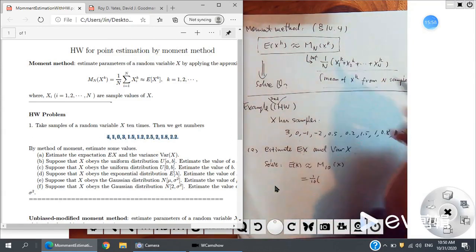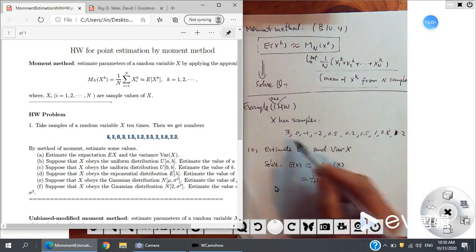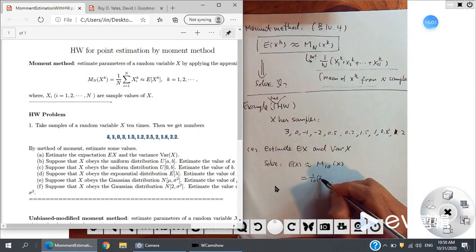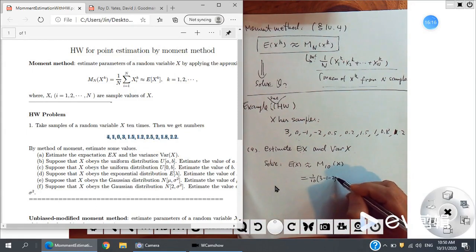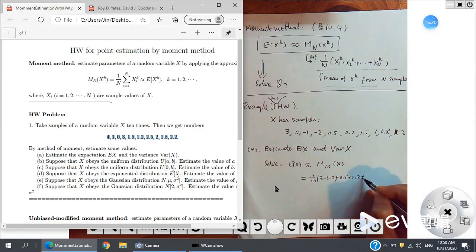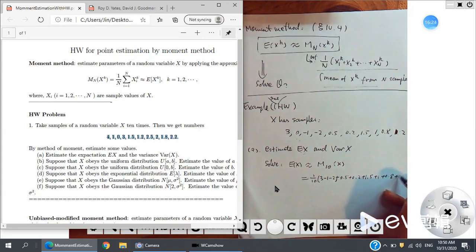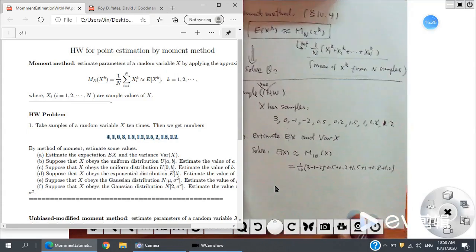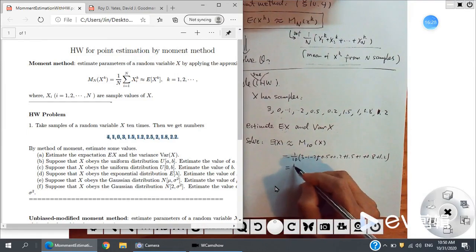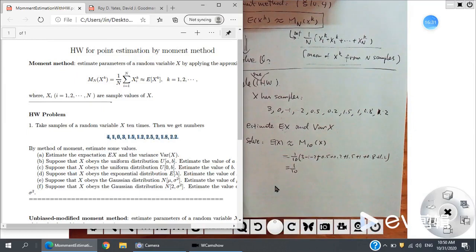So I do summation of all of these numbers: 3 plus 0, then minus 1 minus 2, and then plus 0.5 plus 0.2 plus 1.5 plus 1 plus 0.8 plus 1.2.